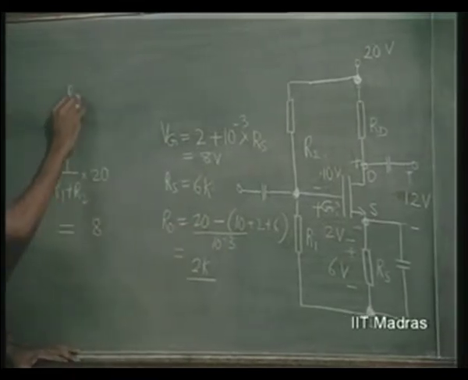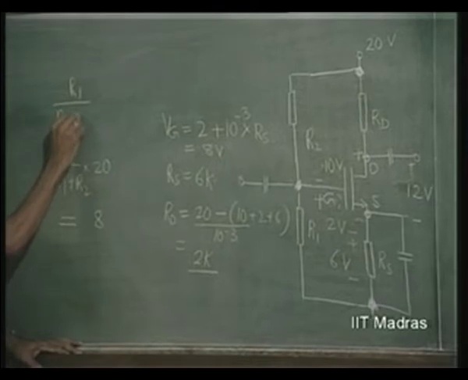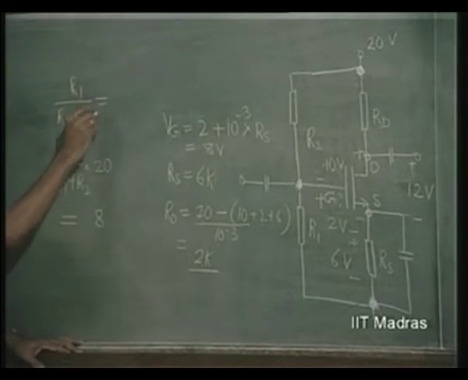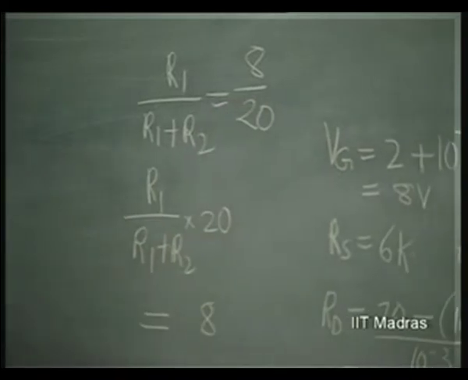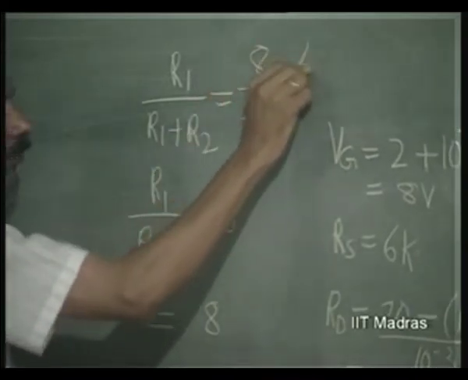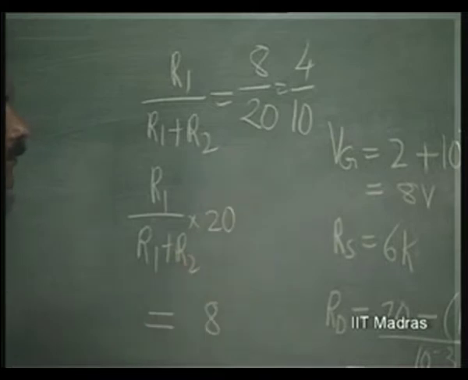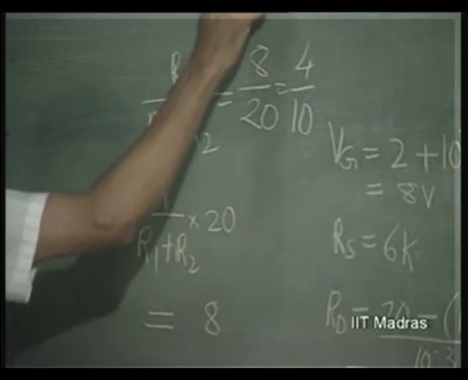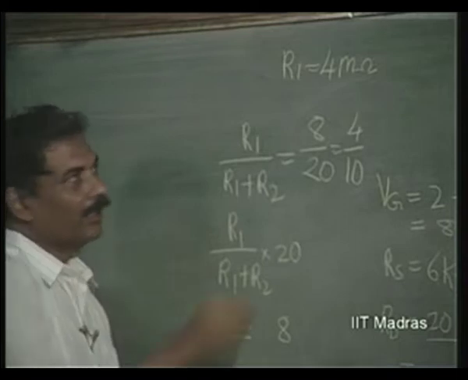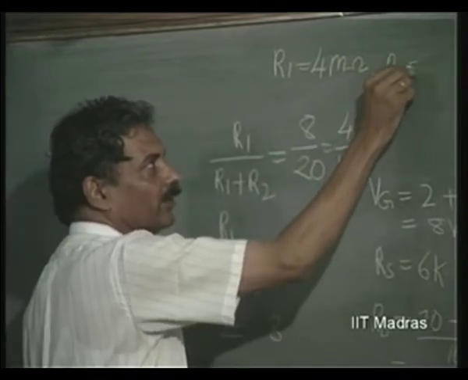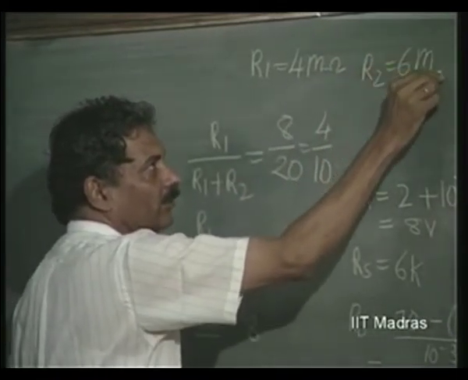So R1 by R1 plus R2, that ratio is fixed now as 8 by 20, or 4 by 10. One way is, if I select R1 as 4 mega ohm, R2 is going to be 6 mega ohms.